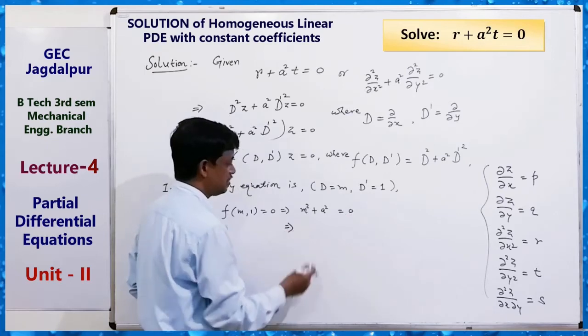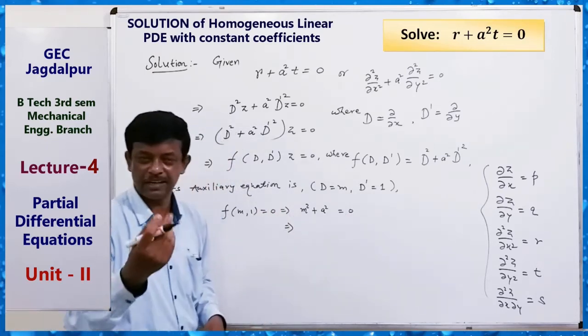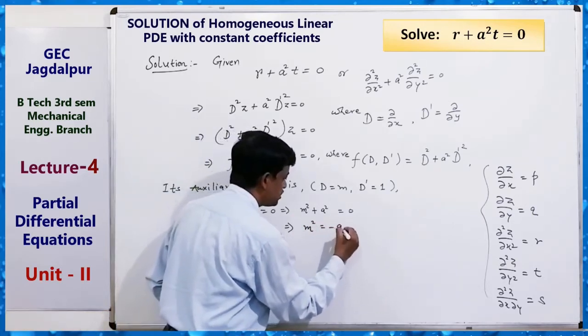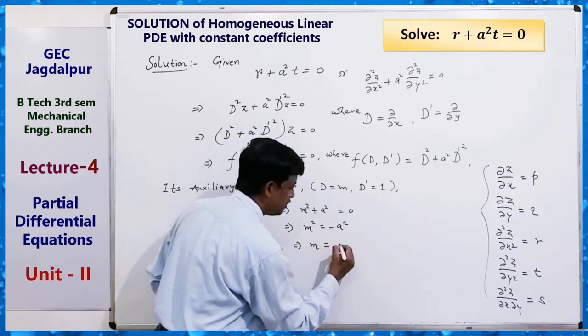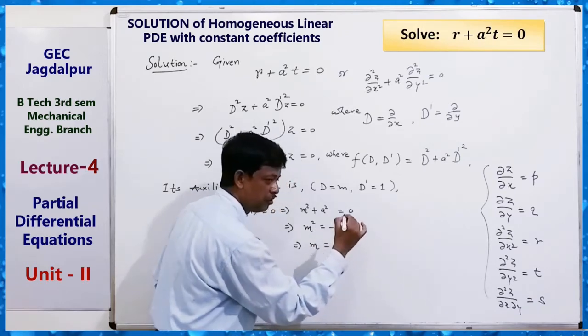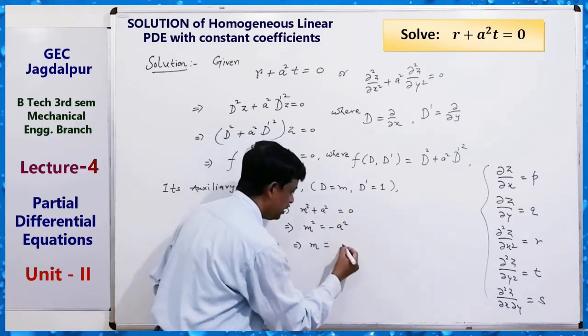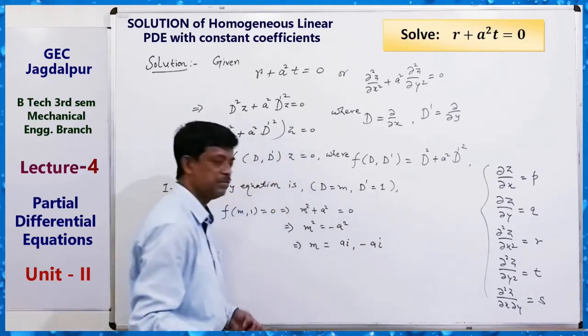So we can solve it. This is an equation in m, a second degree equation. So m² equals minus a², that is m equals root of minus 1, meaning i, and a. That is ai and minus ai, imaginary roots.